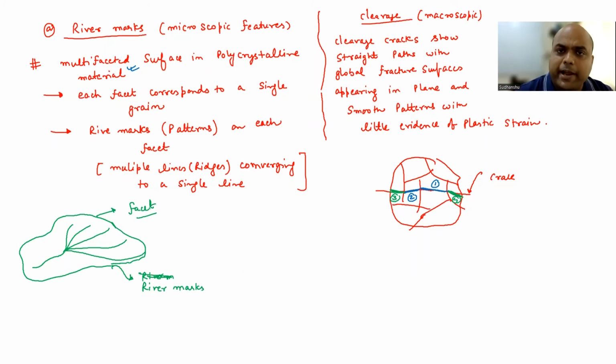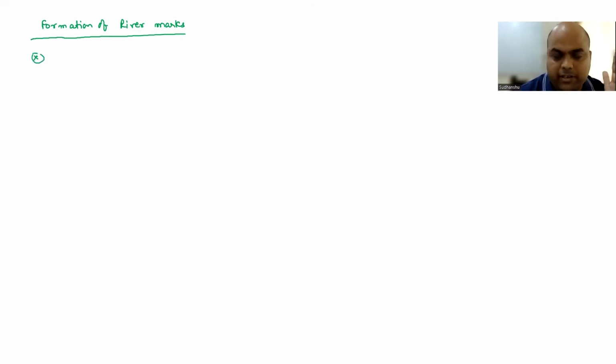So how and why do these river marks form? Let's talk about the formation of river marks. Okay, so suppose you have a crack, a cleavage crack, growing in one grain.